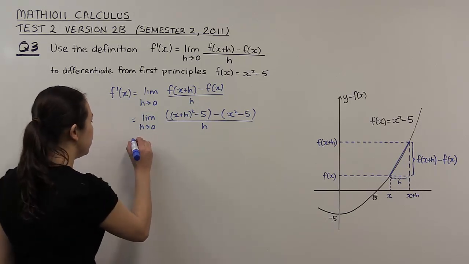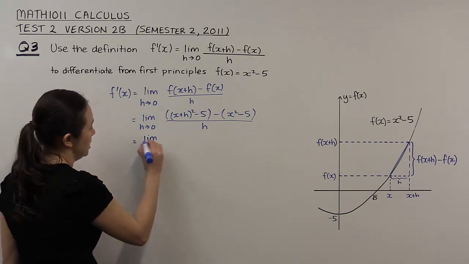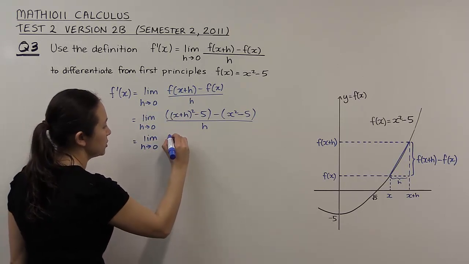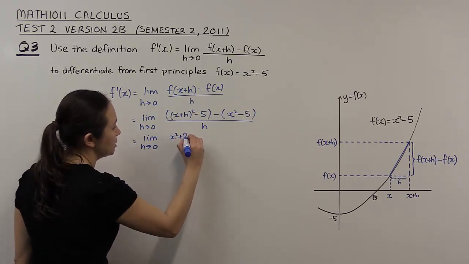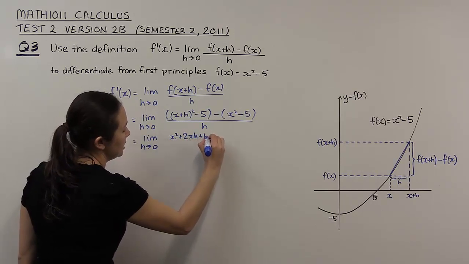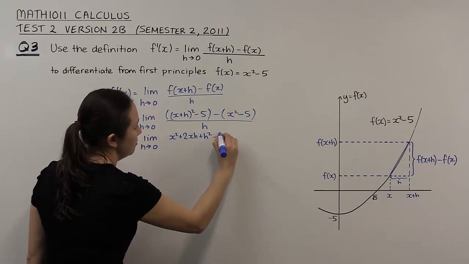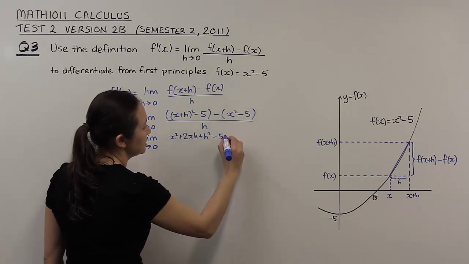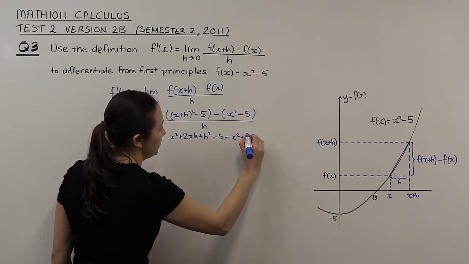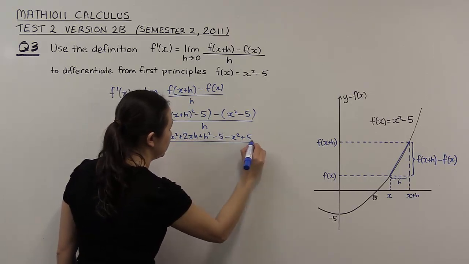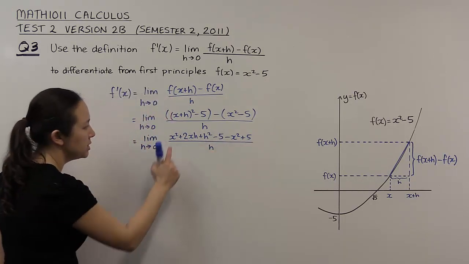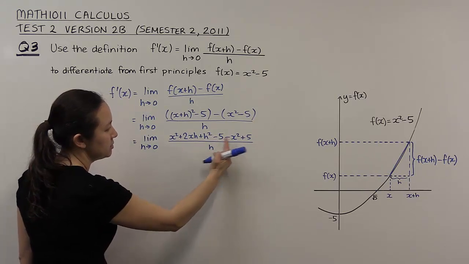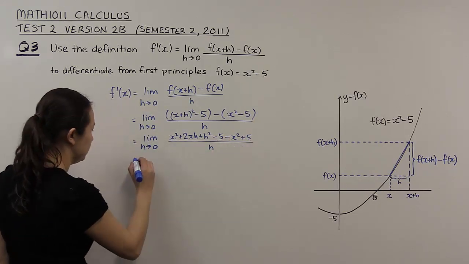So I'm going to simplify. x plus h all squared is x squared plus 2xh plus h squared minus 5, and now we minus x squared and plus 5, all divided by h. x squared minus x squared is 0, and minus 5 plus 5 is 0.